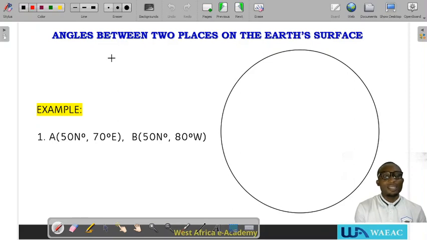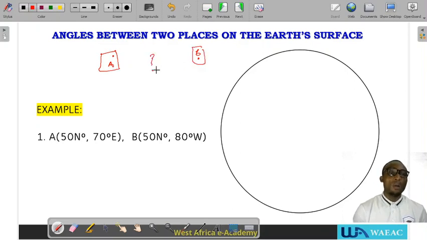That we can say is where we are. What about where we are going? Point A is where we are, point B is where we are going. We know how to locate point A, so we know how to locate point B. So what is the difference between these two points? How can we get the angular difference?